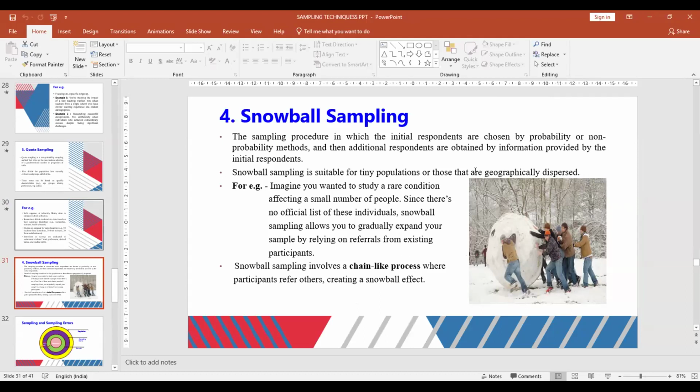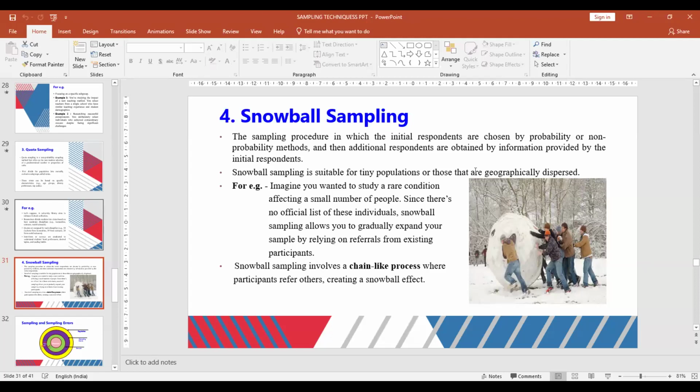So snowball sampling allows you to gradually expand your sample by relying on referral. Again, I am telling, referral from existing participants. So this is called snowball sampling.